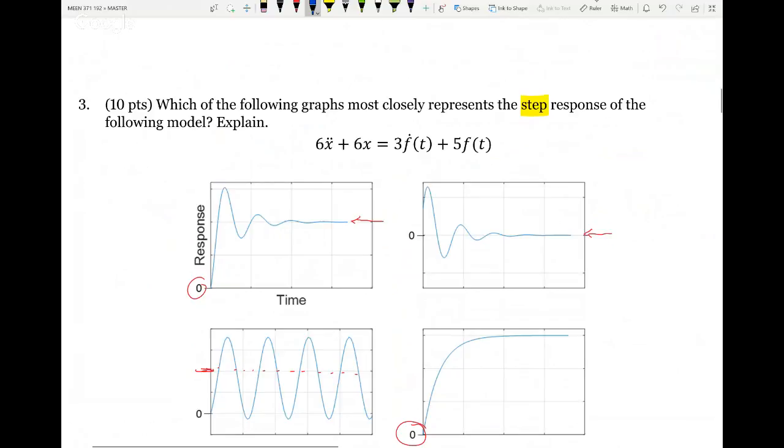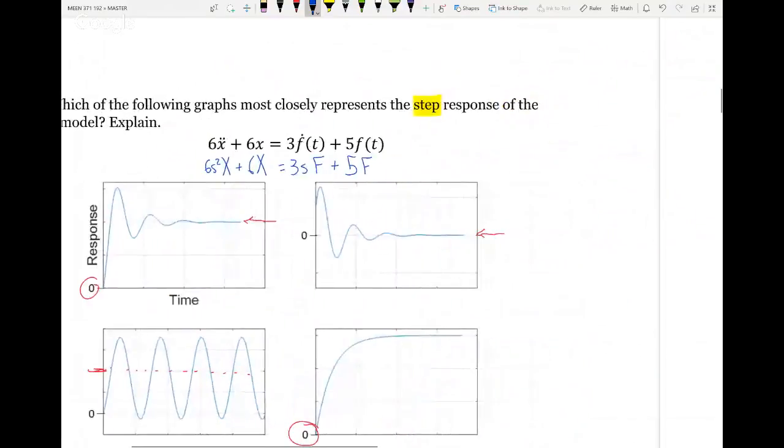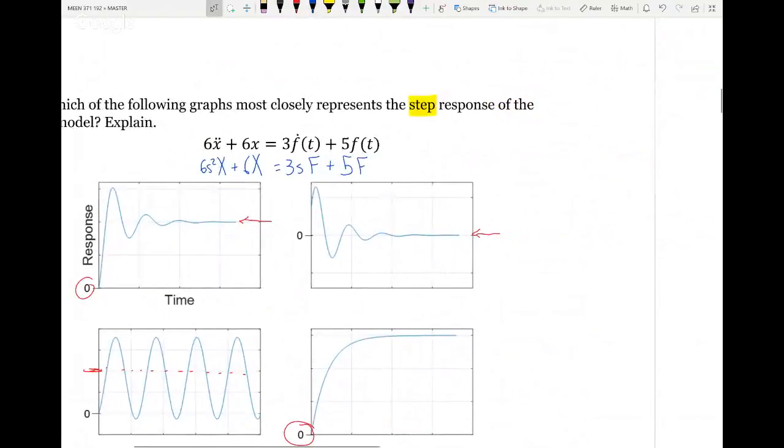We're going to take this and put it into the Laplace form. We can see that this is going to be 6s squared X plus 6X equals 3sF plus 5F. Now our transfer function is going to give us the characteristic equation in the denominator.